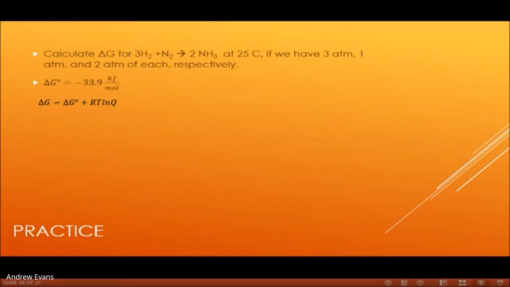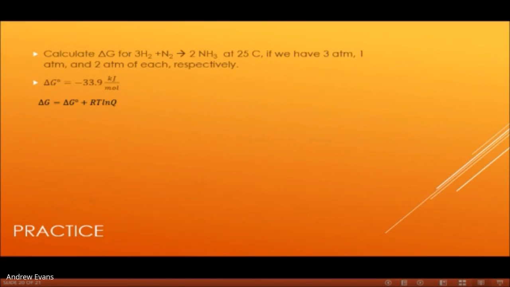So, calculating delta G for this reaction, N2 plus 3H2 going to 2NH3, we're going to go back to this. We calculated this. I'm going to give us our delta G value again so we don't have to do that math. But we just did this, 2NH3 at 25 degrees.